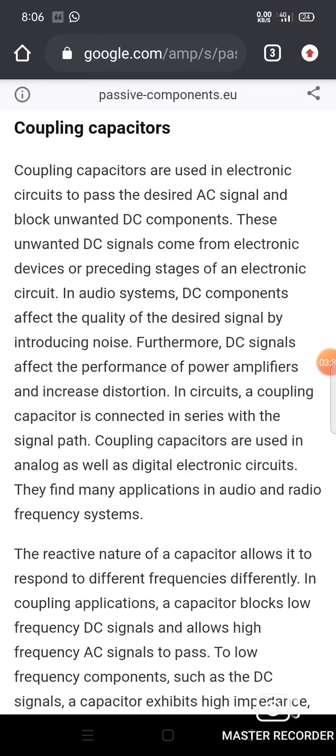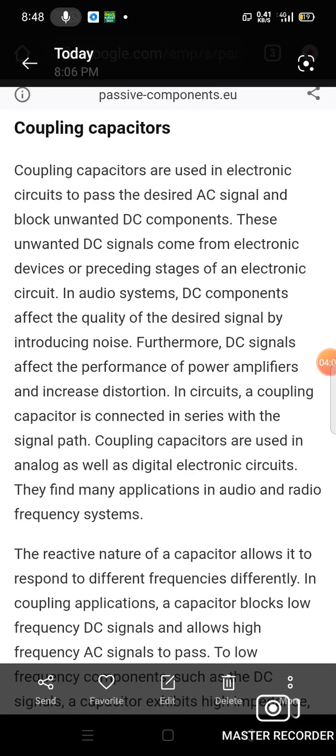In audio systems, that is, amplifier circuits, DC components affect the quality of the desired signal and disturb it by introducing noise. So that effect is nothing but disturbance.